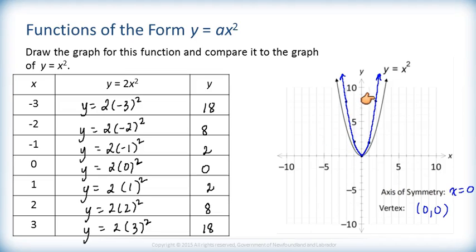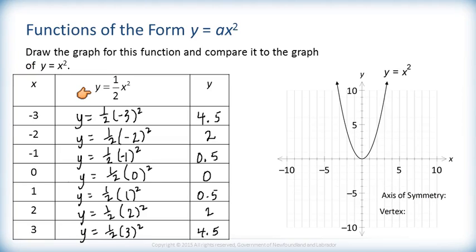So this graph stretches up twice as fast as the original graph because all the y values were doubled compared to the base graph. And it keeps the same axis of symmetry though, and the same vertex. And here is the axis of symmetry. On with the next example.